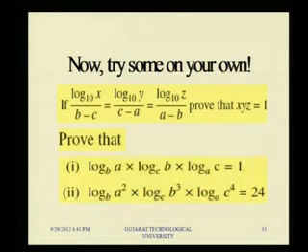Second question is log base b of a into log base c of b into log base a of c equal to 1, and second equation is log base b of a square into log base c of b cube into log base a of c raised to 4 equal to 24.